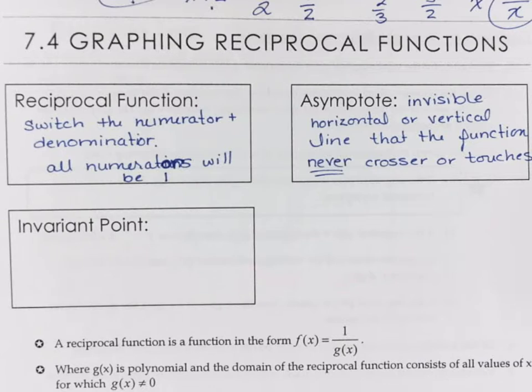Okay, an invariant point. This point is on the parent graph or the original graph, and it doesn't change on the reciprocal graph. Does that make sense? So the point's the same on the parent graph as it is on the reciprocal graph. They're really specific points, and they only happen in 2 places. But we'll get to that later.